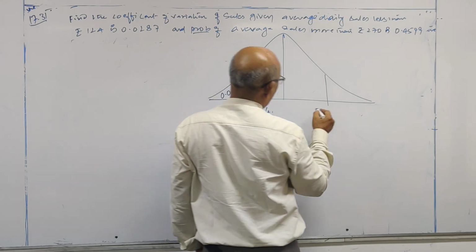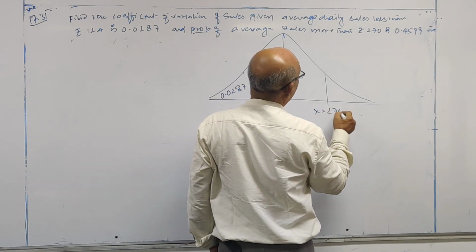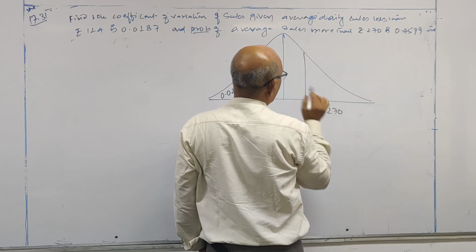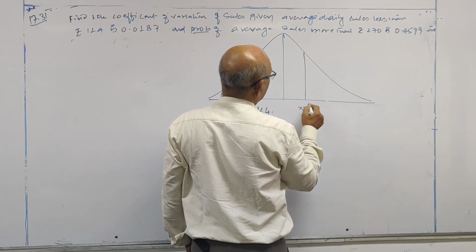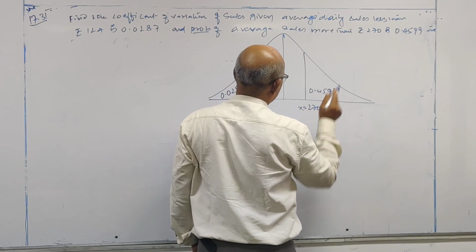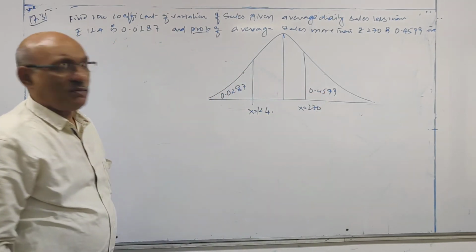Average sales more than 270, this is 0.4599.